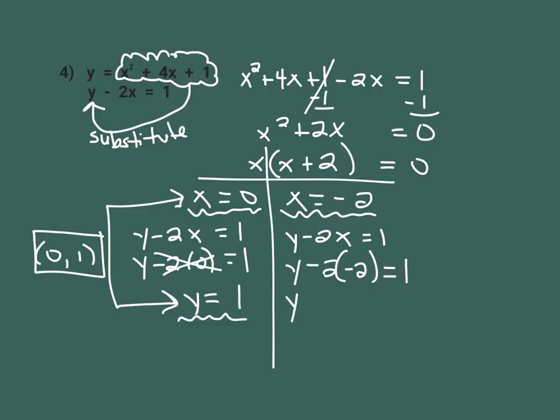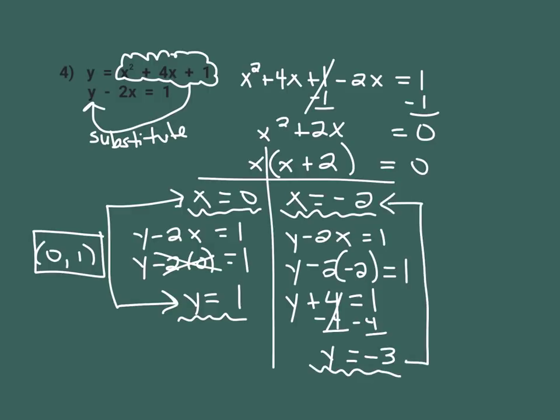Okay, so y, and then negative 2 times negative 2 is positive 4. So we have y plus 4 equals 1. And to get y by itself, let's subtract 4 from both sides of the equation, leaving us with y equals negative 3. So when x equals negative 2, y equals negative 3.